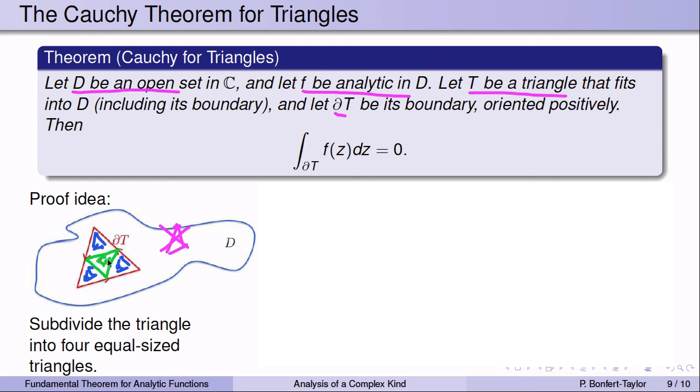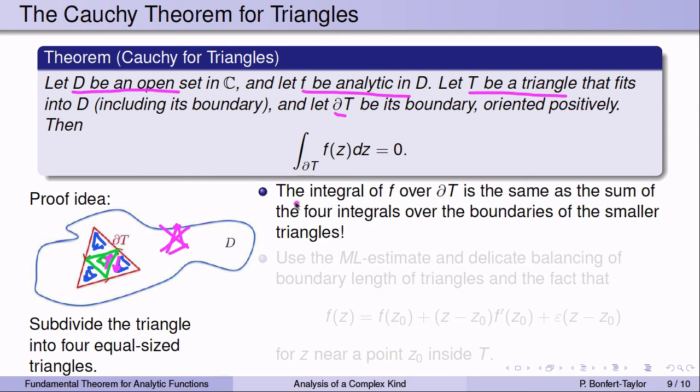But if I do so along this side, for example, if I integrate in the lower right-hand triangle, I integrate this way. But in the green triangle, I'm integrating over the side that way. And the two integrals will cancel out if I add them all up. So the upshot is that the integral over the boundary of T is the same as the sum of the 4 integrals over the boundaries of the smaller triangles.